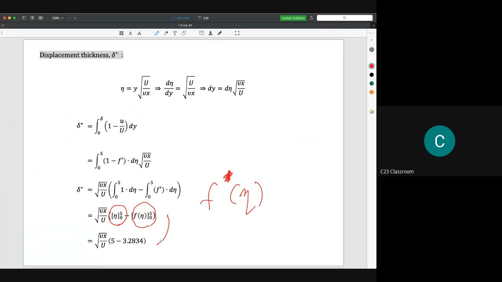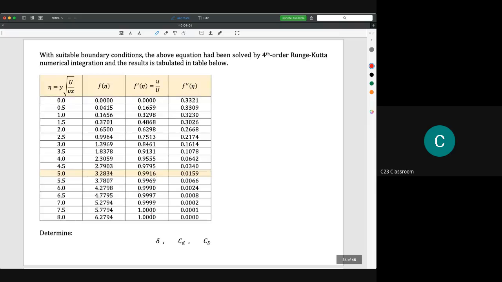So here, okay, please take the value according to the table. For this one, it is okay for you because we are integrating eta from 0 to 5. So we substitute the 5 here and minus 0, so we get 5. But for this one, you must take from the table. Okay, let's say we now take 5 to 0 and f of eta, and we look back to our table. So we have our f of eta here.